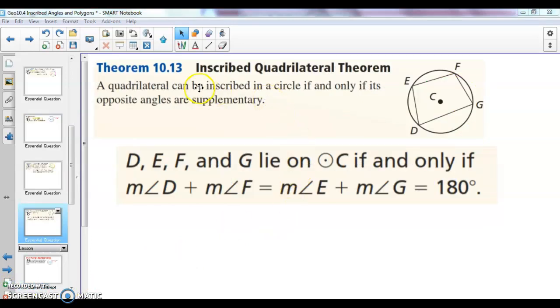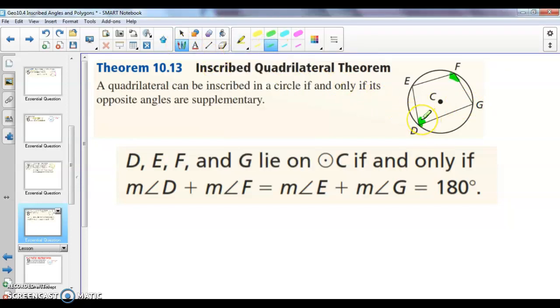And last but not the least is the inscribed quadrilateral theorem. A quadrilateral can be inscribed in a circle if and only if its opposite angles are supplementary. So in this figure, all the vertices D, E, F, and G, which are the vertices of the quadrilateral, lie on circle C if and only if D and F is equal to 180, and at the same time, E and G also must sum up to 180.